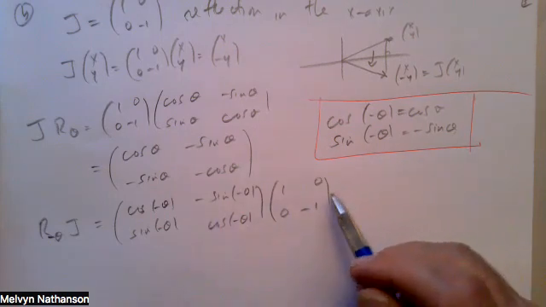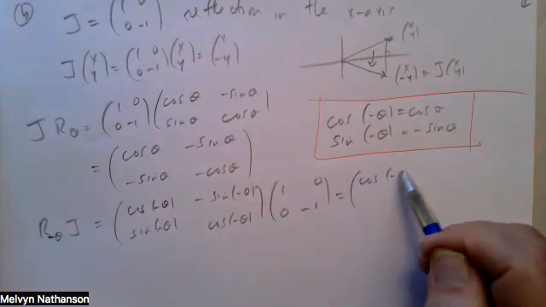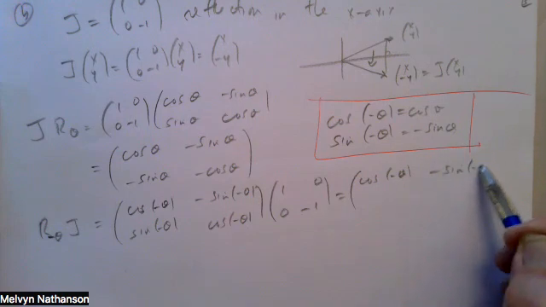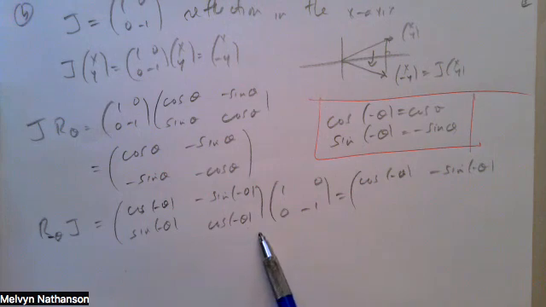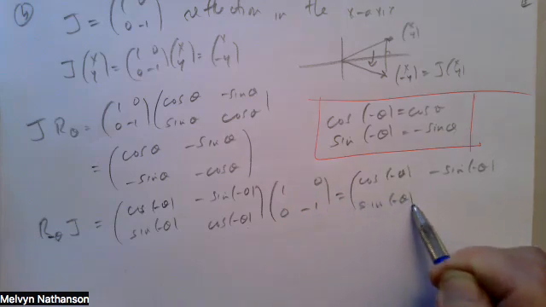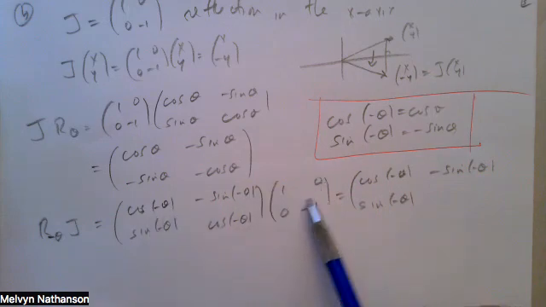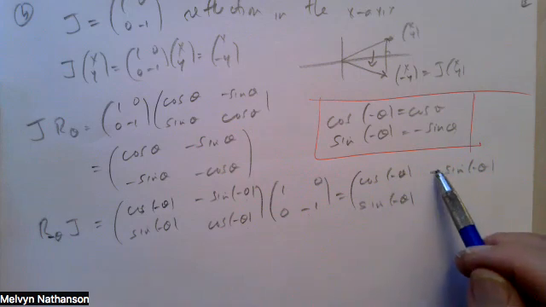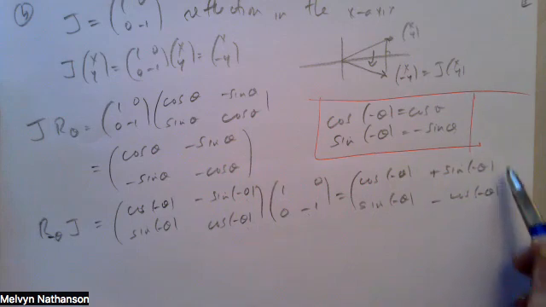So let's see, if I multiply this out, what do I get? First row, second column is minus sine of minus theta times minus 1 is plus, and minus the cosine of minus theta.